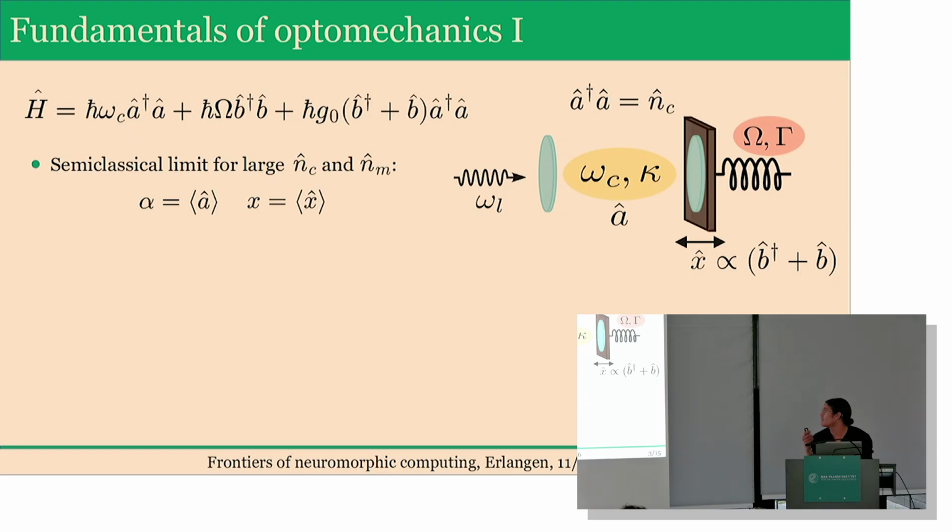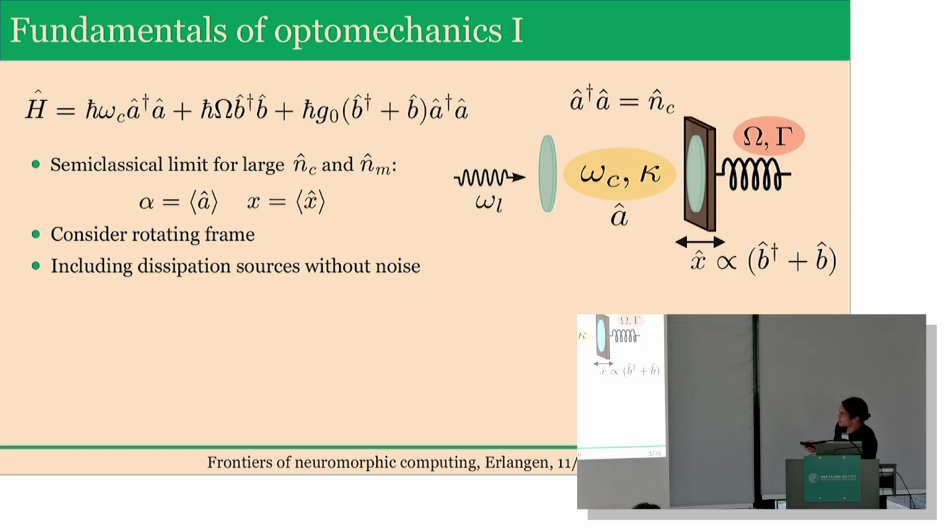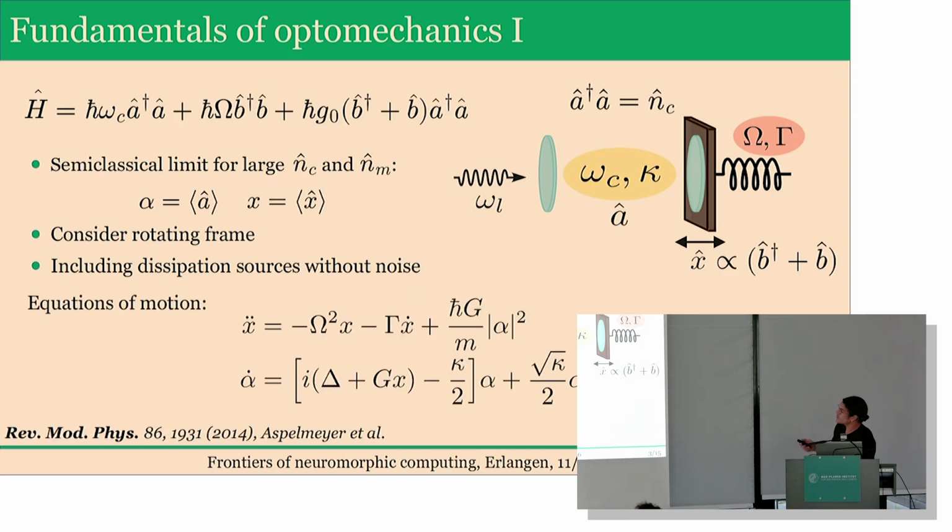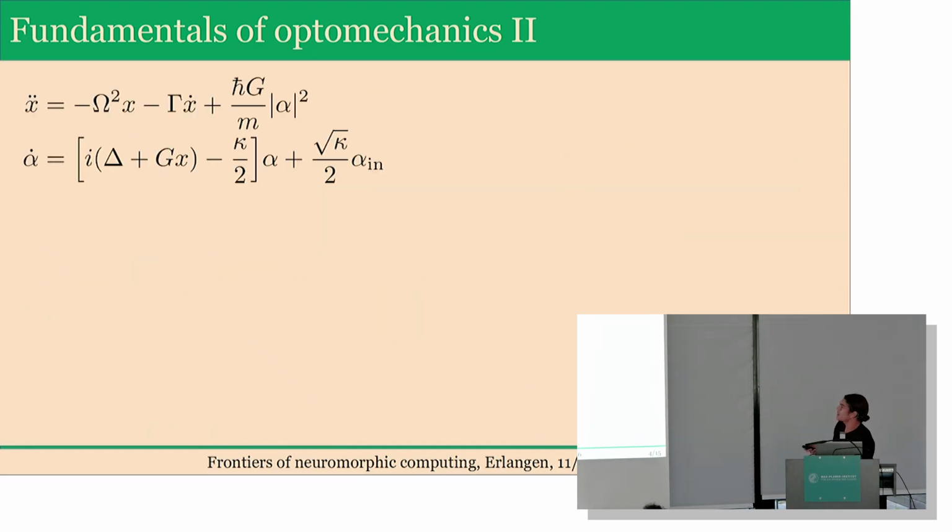So essentially, for large cavity population and mechanical degree of freedom, I consider the coherent amplitude of the two variables. I will put myself in a rotating frame, and I will consider dissipation sources, but not noise at this point. So the equation of motion that I get is something like this, where the new variables appearing are the detuning and the pull parameter.